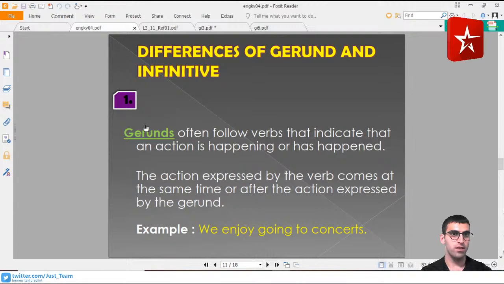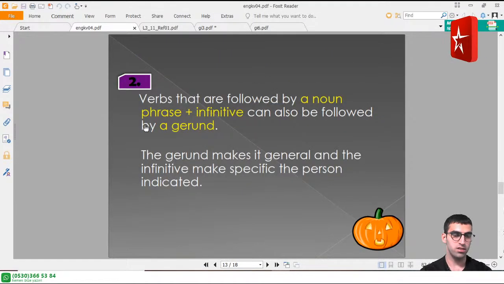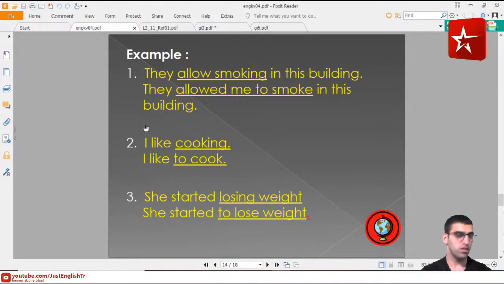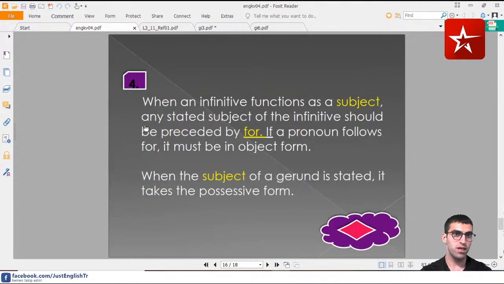Yes. And what else? You can see the differences of gerund and infinitive from the screen here. Sometimes we can use both of them, gerunds or infinitive. I like cooking. I like to cook. She started losing weight. She started to lose weight, as you see. And what else do we have?